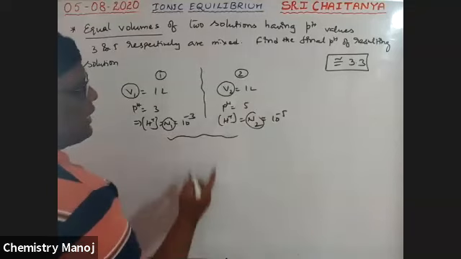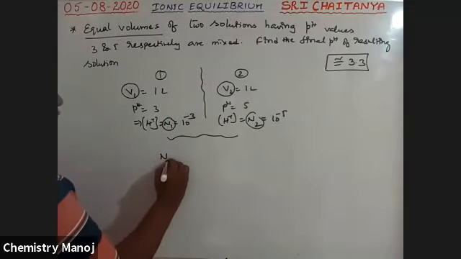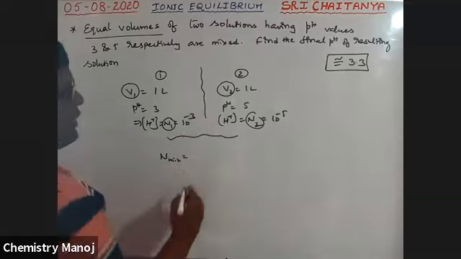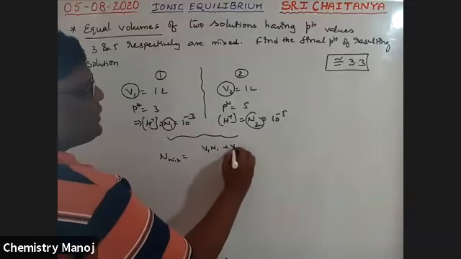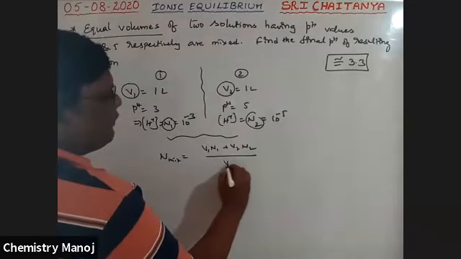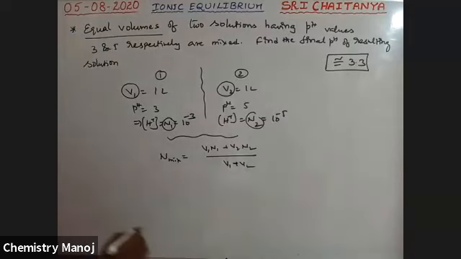Mixture of these two solutions, both are acids. N mixture is equal to, from our formula, (V1 N1 plus V2 N2) by (V1 plus V2).